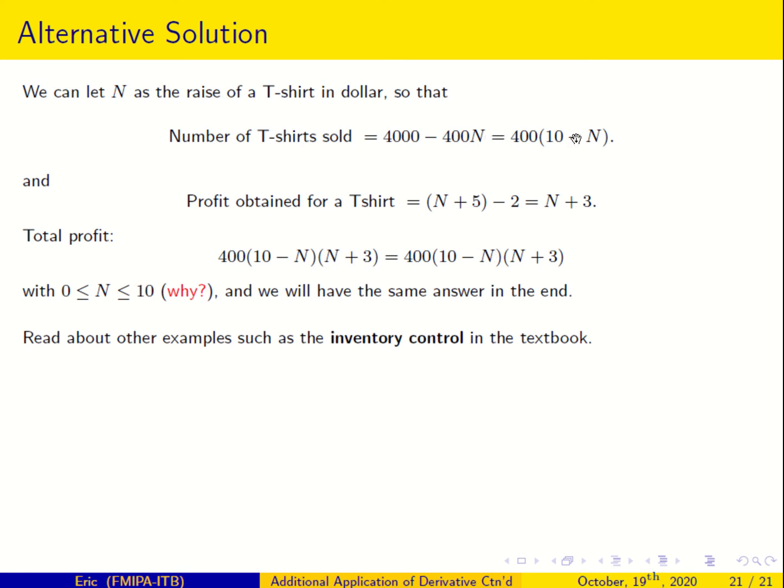The number of t-shirts should be positive. And what about 0 here? N should be greater than minus 3. Oh, it is not. Because N is the number of raises and the raises should be greater than or equal to 0. And we will have the same answer in the end.